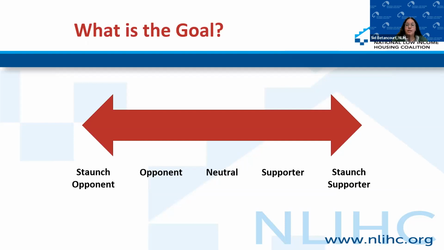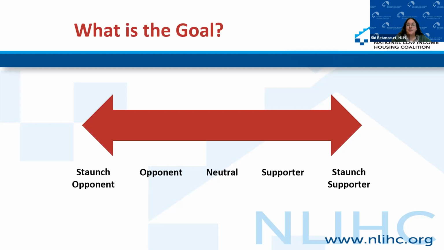So when you're doing advocacy, what really is the goal? Regardless of how you do it, whether it's with a campaign or not, it's important to keep in mind that the goal of this work is not just to determine where people stand on the issue, but to move them along a spectrum. It might not always be possible to move them. Folks might be a staunch opponent for a very long time. Some folks might be a staunch supporter for the whole time that you're working with them.